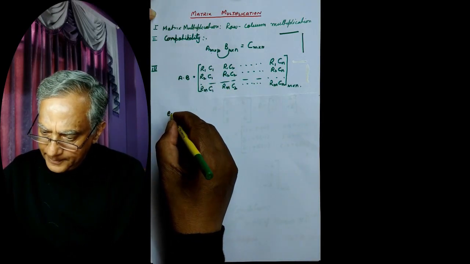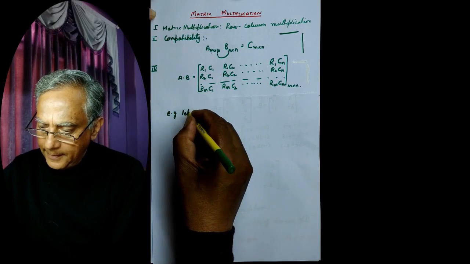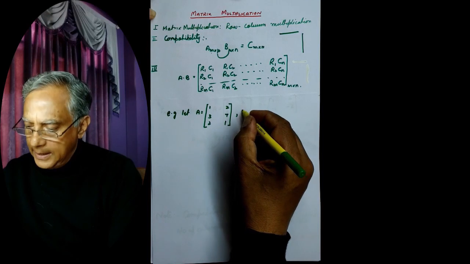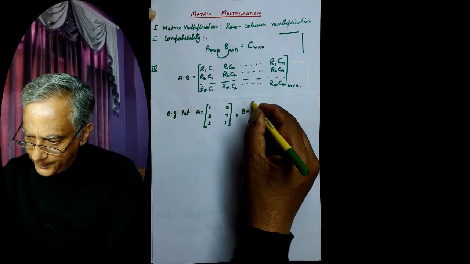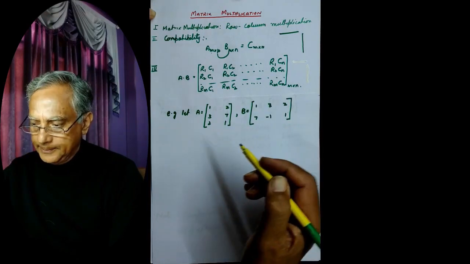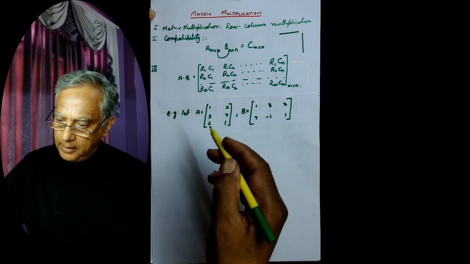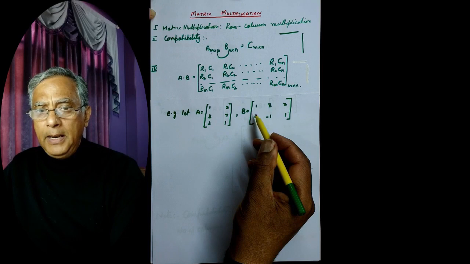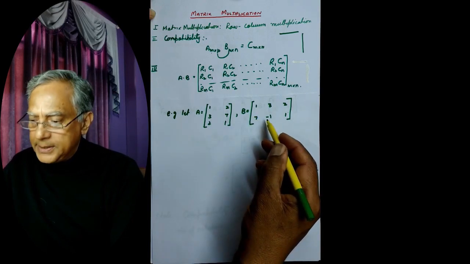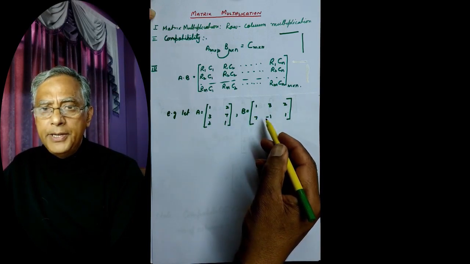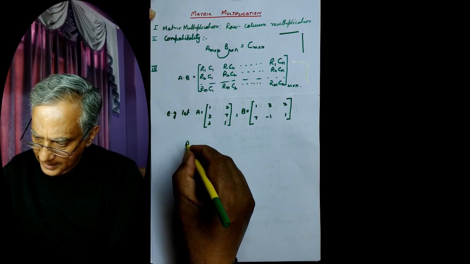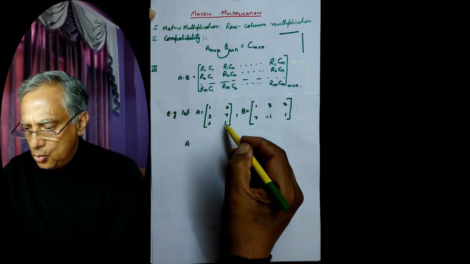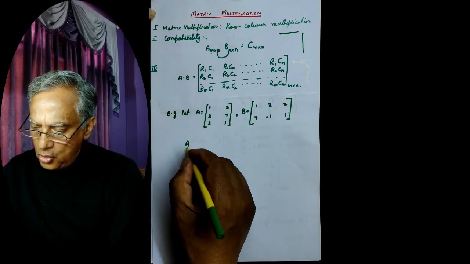For example, let A be equal to this and B be equal to this. Now, first, is the multiplication possible? Do these matrices satisfy the compatibility condition? Now A is of order, how many rows does A have? 1, 2, 3. 3 rows and 2 columns.